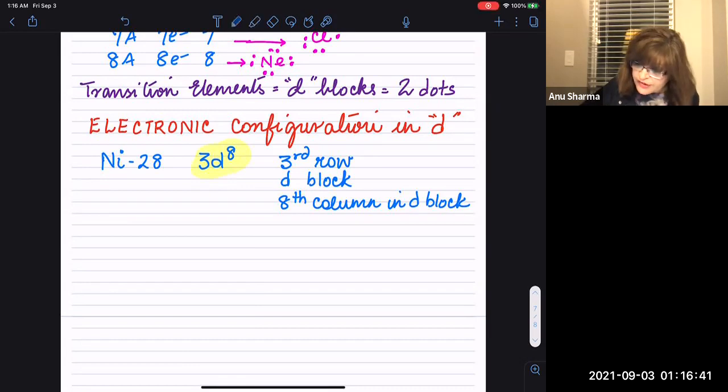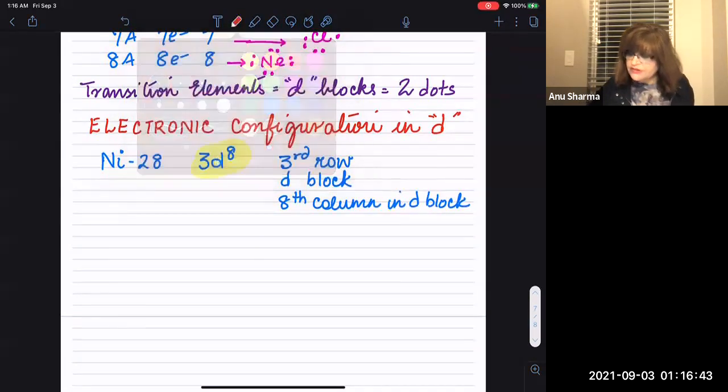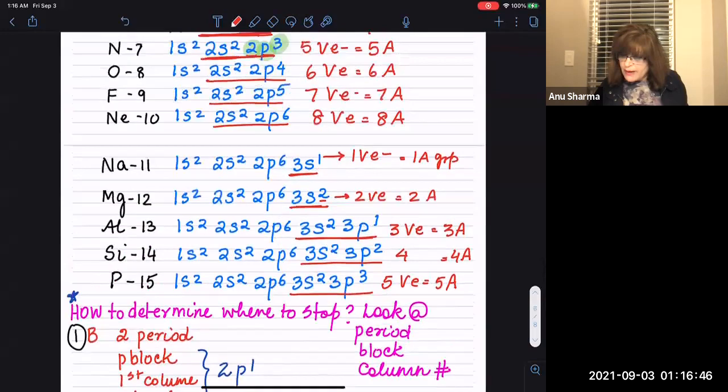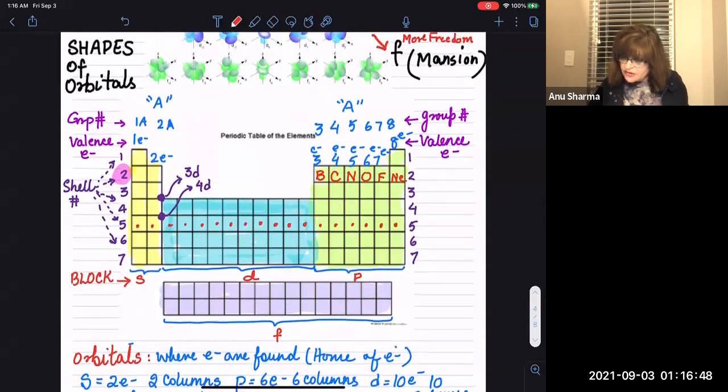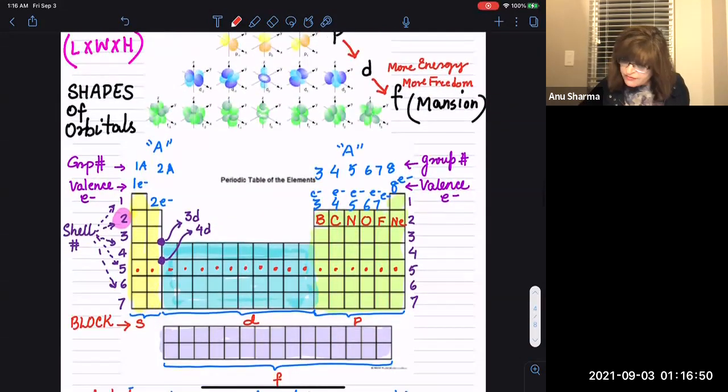Now let's write the configuration. So all you need to do is sometimes go back. Remember, why did I say 3D?